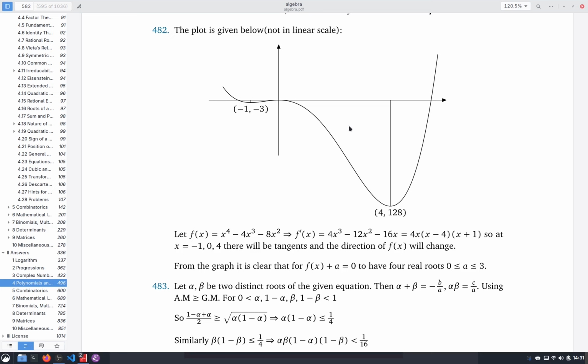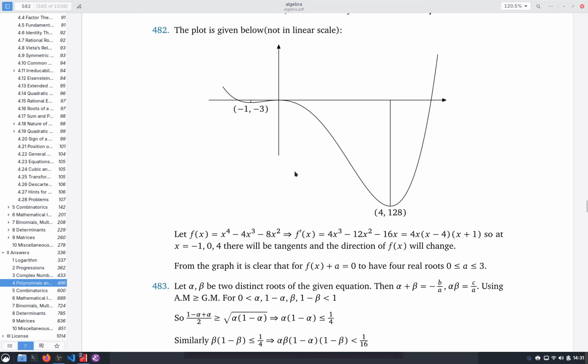Now the sum of roots would be 2, and the product of roots will be 2. So if you look at the equation x squared minus 2x plus 2, you will see that the parabola never cuts the x-axis. That means both the roots are in the complex plane.